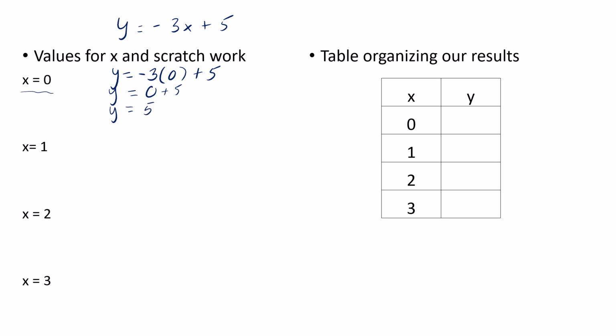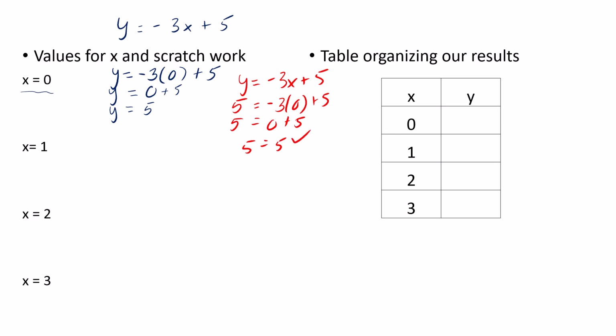Now, just to verify that that is a solution, remember the solution is the value of the variables that make the equation true. And this was my equation. If I plug in 5 for y and 0 for x, we end up with 5 equals 5, which is true. Now, I am not going to do that every single time.